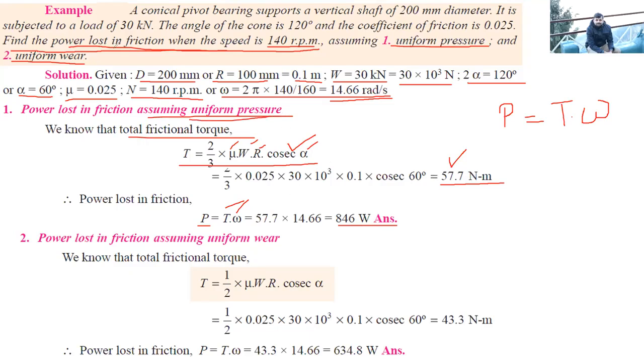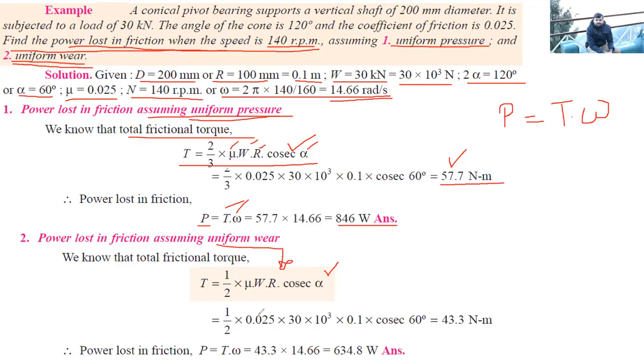Okay. Now, in question, it is given that we have to find it out according to uniform wear theory also. Okay. So we have frictional torque for conical pivot bearing according to uniform wear theory as 1 by 2 mu into W into R cosec alpha. Okay.